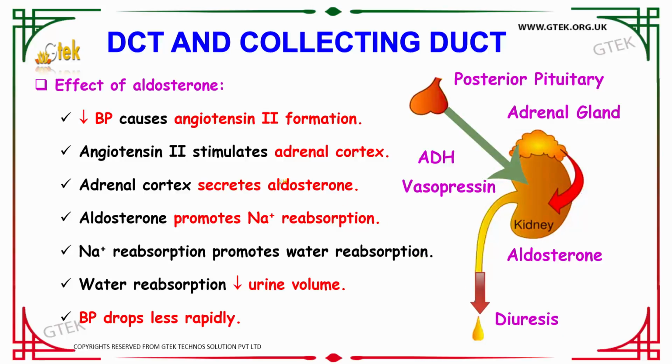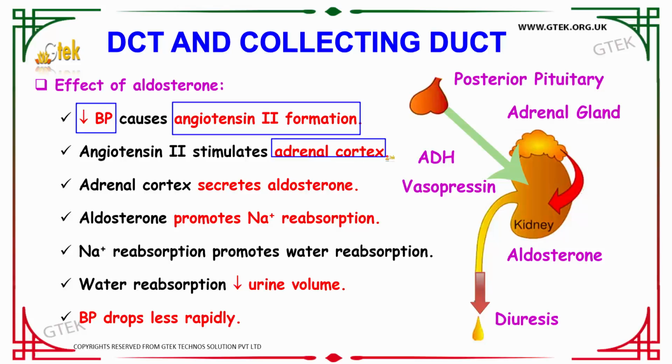If there is a decrease in your BP, it causes angiotensin II formation. So your angiotensin II will stimulate the adrenal cortex. So when your angiotensin stimulates your adrenal cortex, it secretes aldosterone.